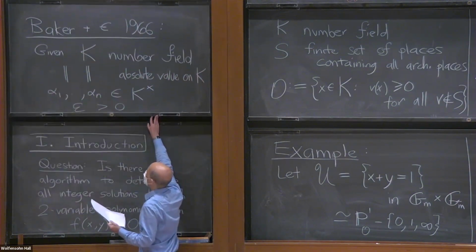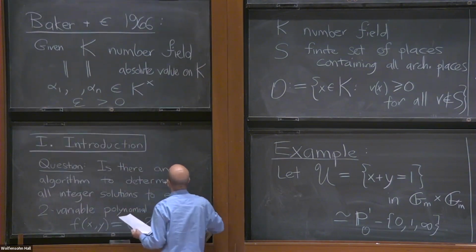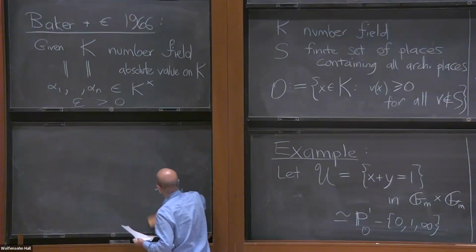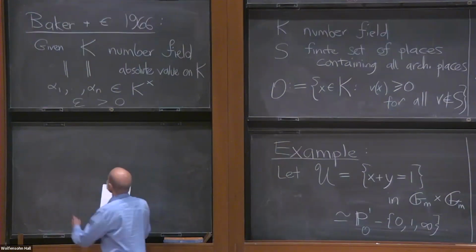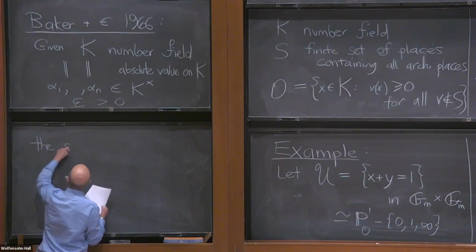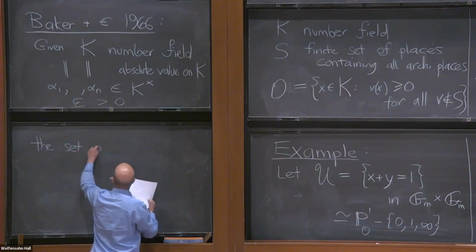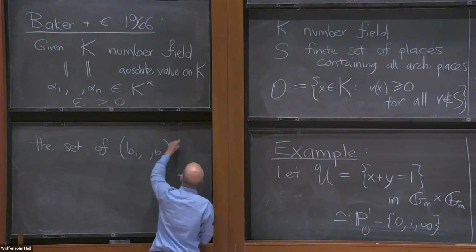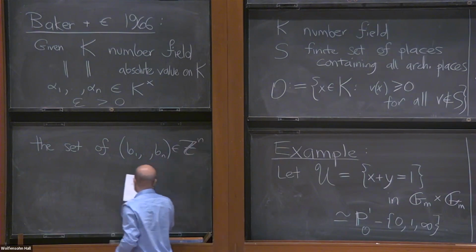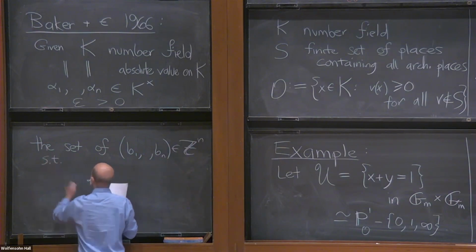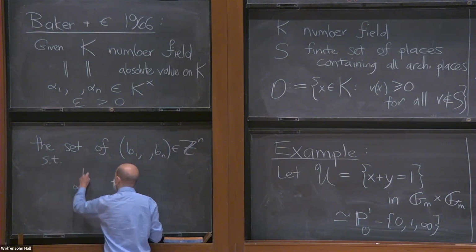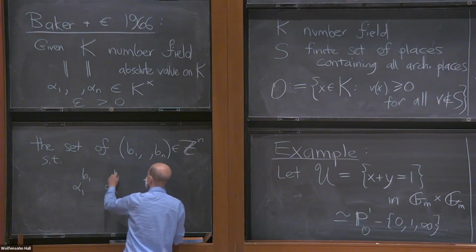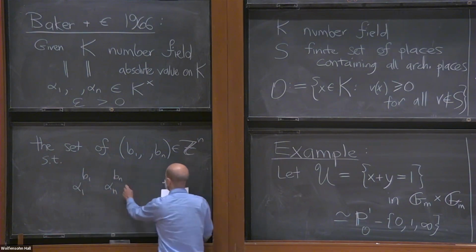Okay, so given all that, if you fix all that data, then you can ask about the set of tuples of integers such that if you look at the power product, the powers of these algebraic numbers in the number field, you ask how close can that be to 1.